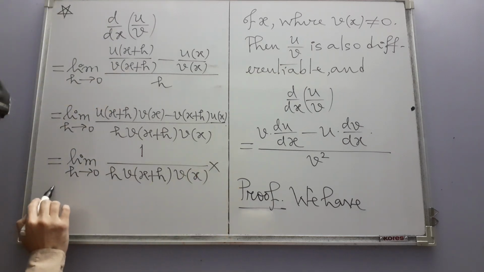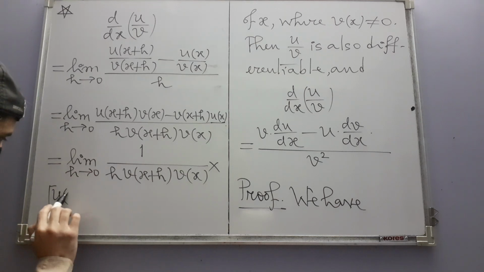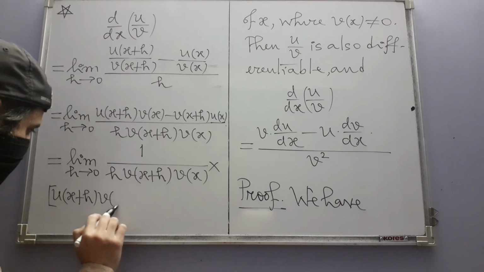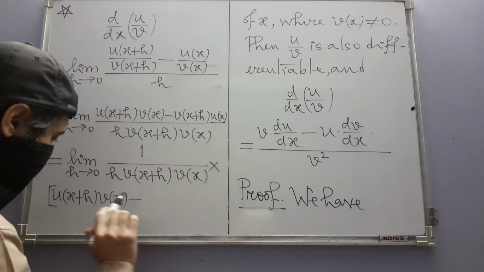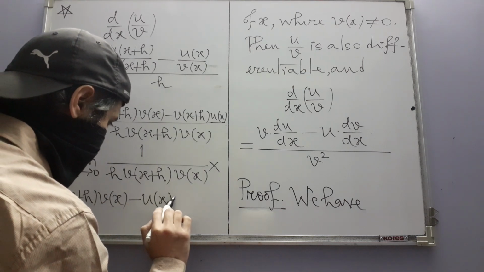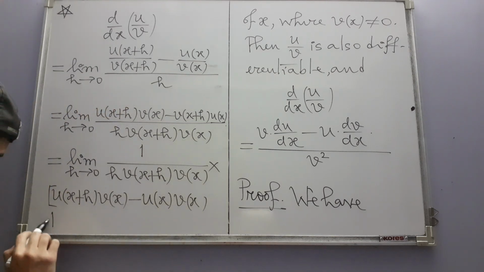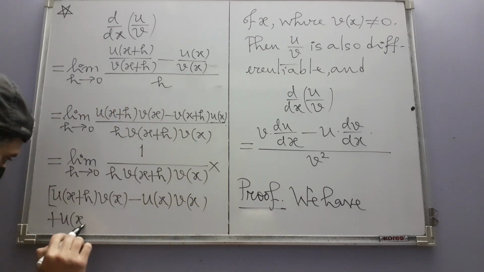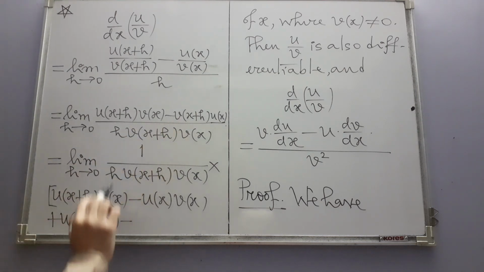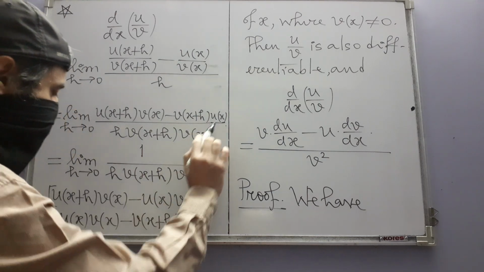So what are we going to introduce this time? Times v of x. So this time we simply introduce u of x times v of x. That's it. That's what we introduce. Plus, minus v of x plus h times u of x.